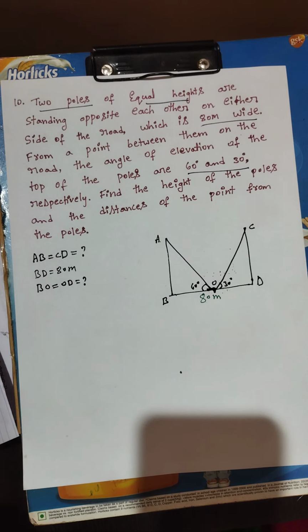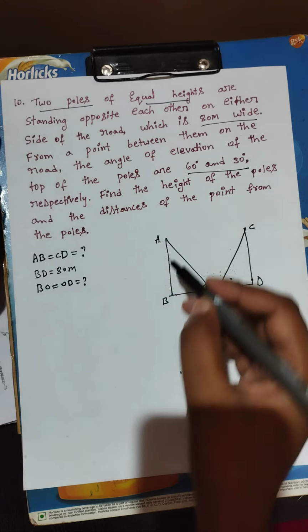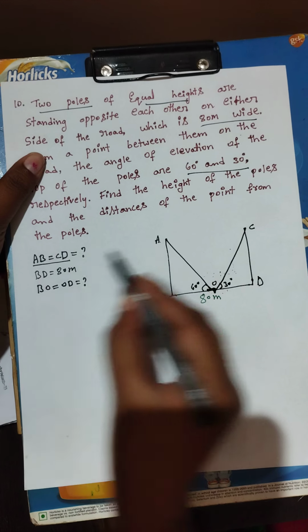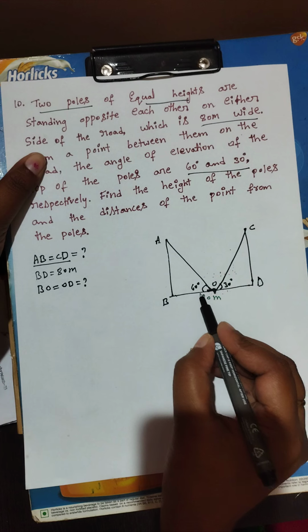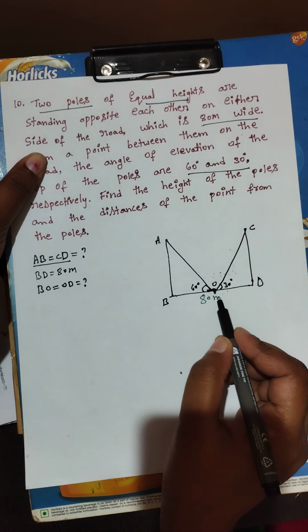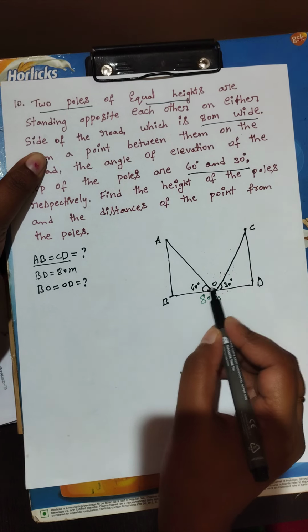Let me solve according to the data they have given. That data we have to use while solving the problem. Observe that the data we have to use: those two poles are equal. Using this concept only we can solve. Observe here, this BO is there, no?